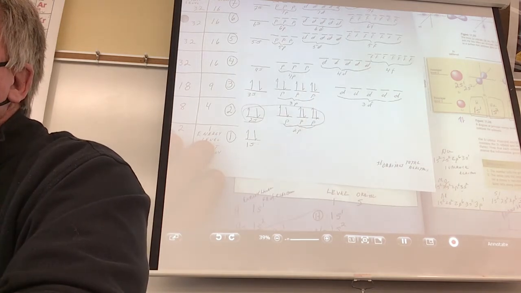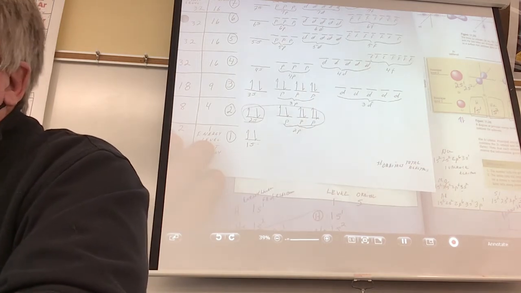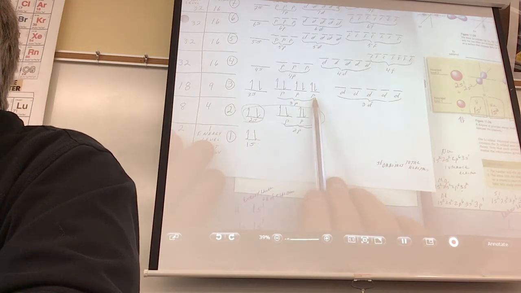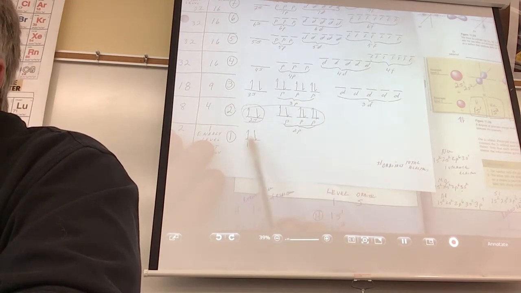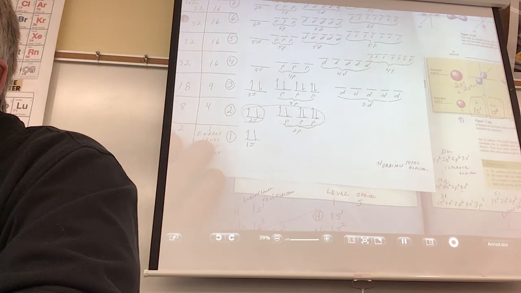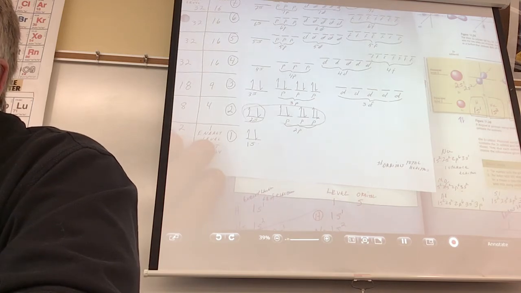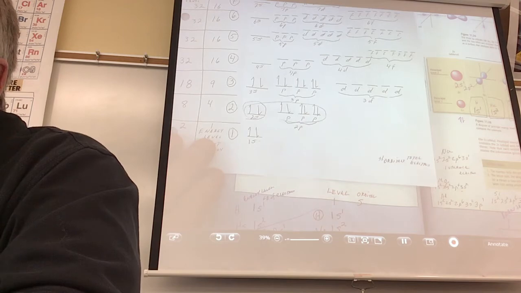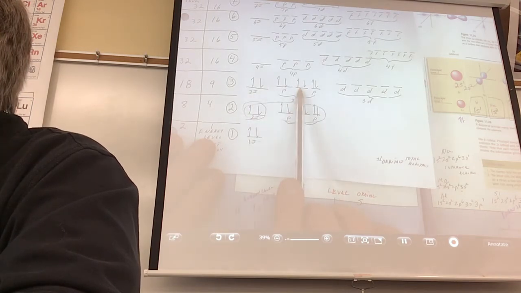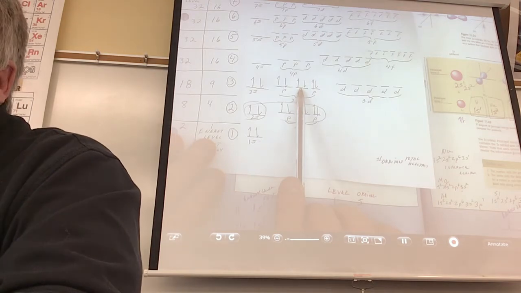So you wouldn't just count the row you were on? So you would count all of them? Yes. What element has 18 electrons? What's special about argon? And you know what all noble gases have in common? They have 2 in the S and what? 6 in the P.